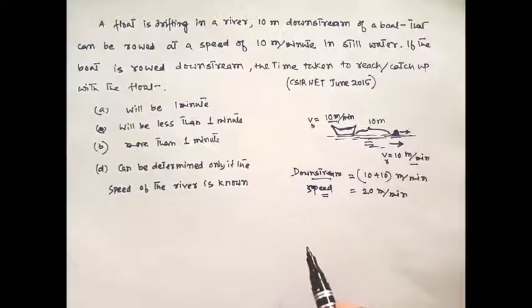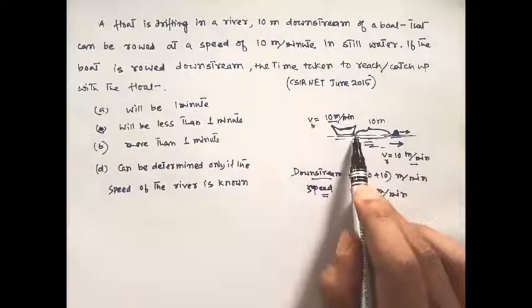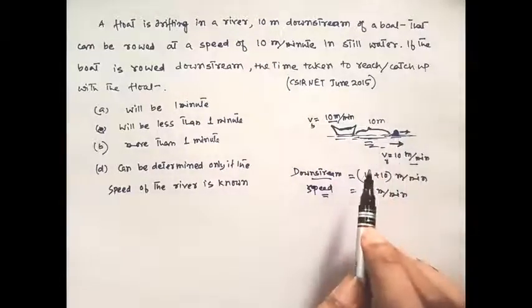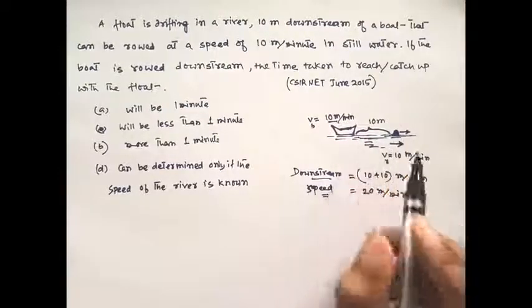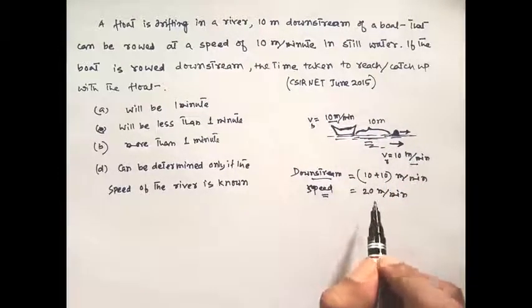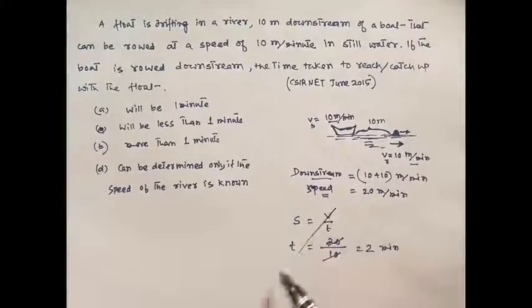In this case, what is the distance between the boat and the float? It is 10 meter. So to cross this 10 meter, how much time will be required? Sorry, I made a mistake.